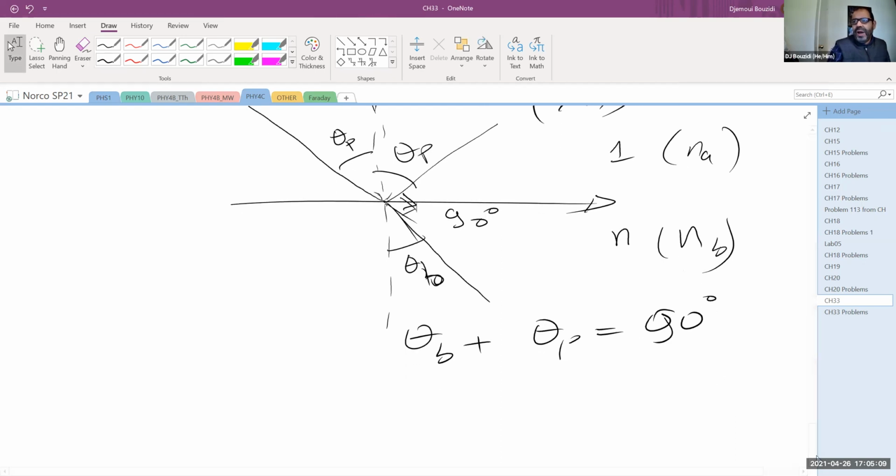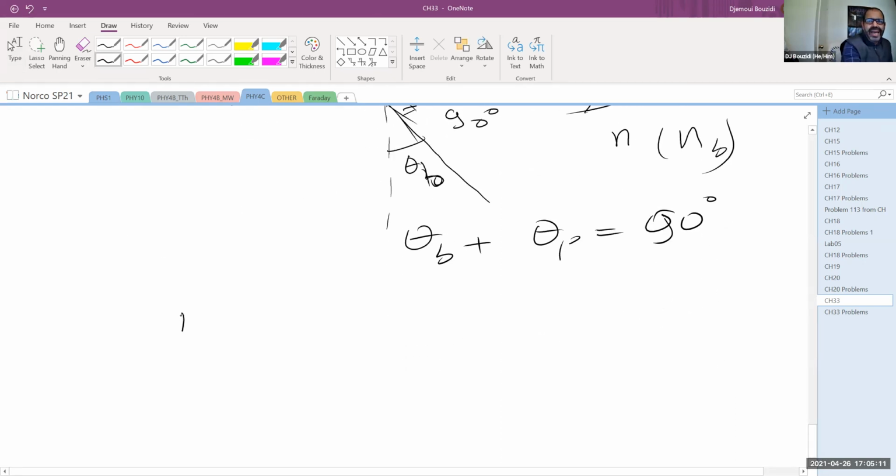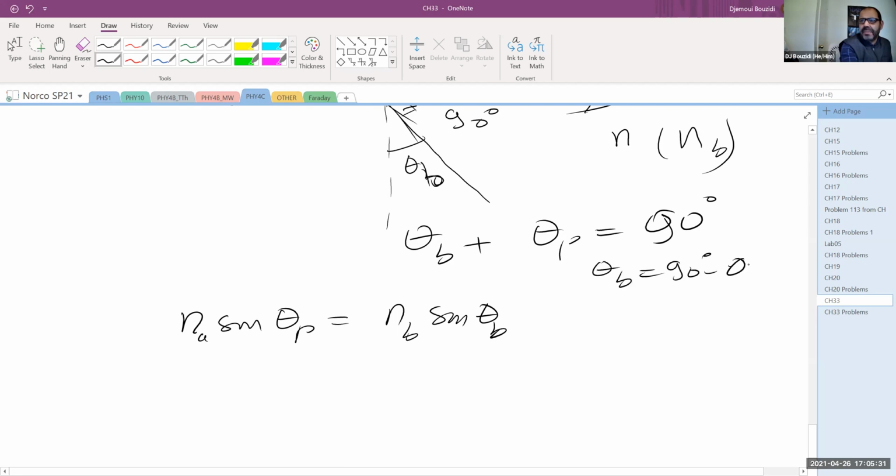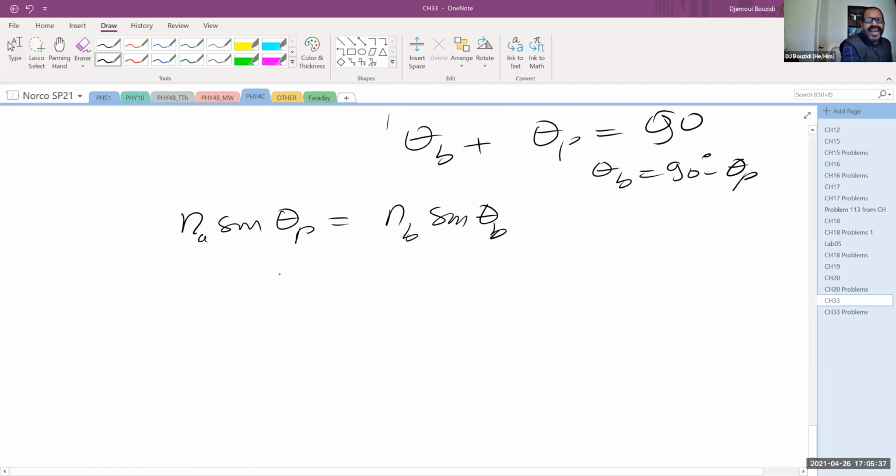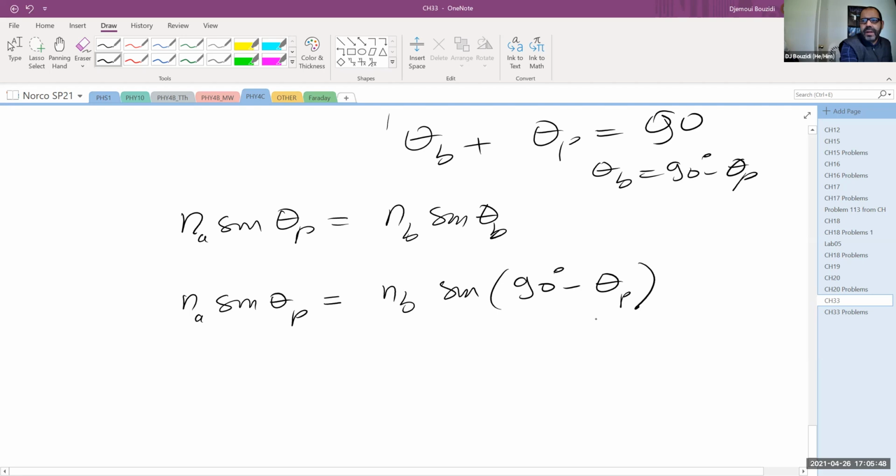So if we apply Snell's law, we know that NA sine of theta P must be equal to NB sine of theta B. But I know from this expression that theta B is equal to 90 degrees minus theta P. So I'm going to place that in here, and we're going to have NA sine of theta P is equal to NB sine of 90 degrees minus theta P. Okay.